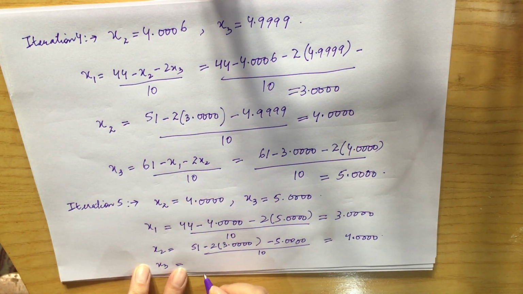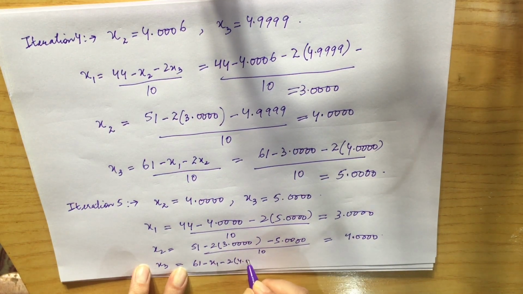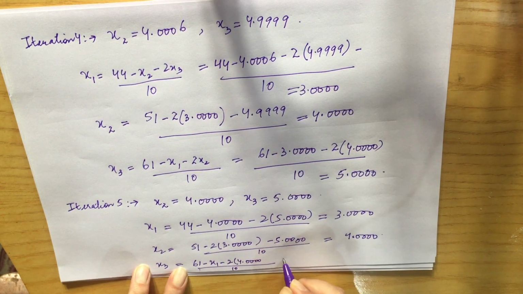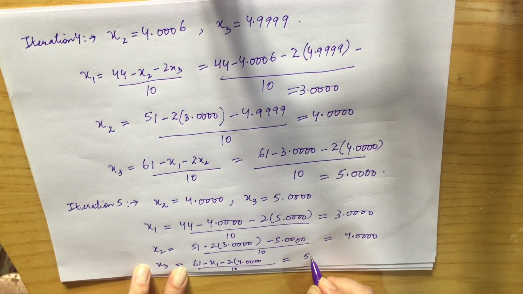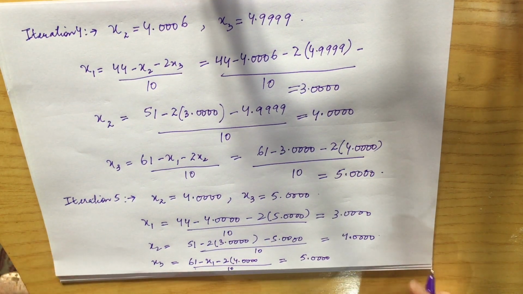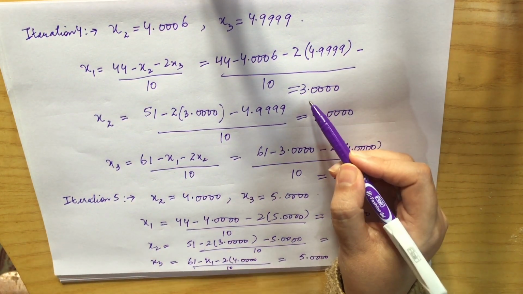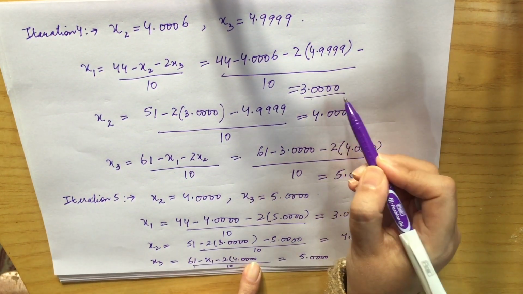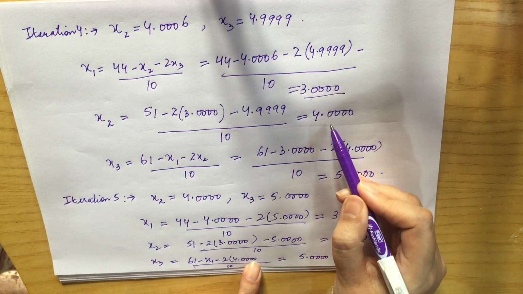It will be (61 minus x1 minus 2 times 4.0000) whole divided by 10. If you calculate it, it will come as 5.0000.